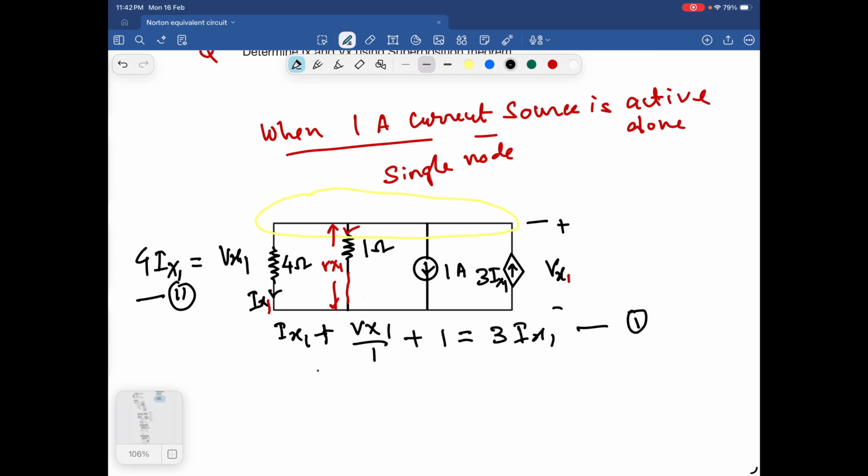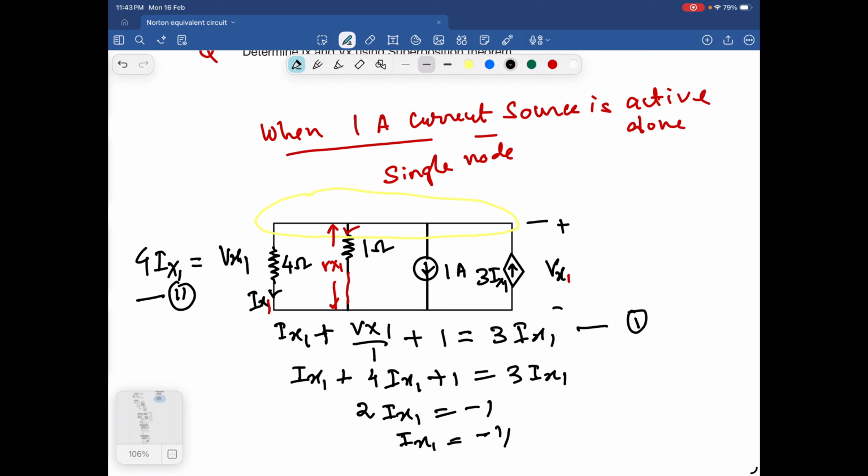From this equation I can write Ix1 plus 4Ix1 plus 1 is equal to 3Ix1. Now here it is 5Ix1 and there it is 3Ix1, so 2Ix1 is equal to minus 1. So Ix1 is equal to minus half ampere.